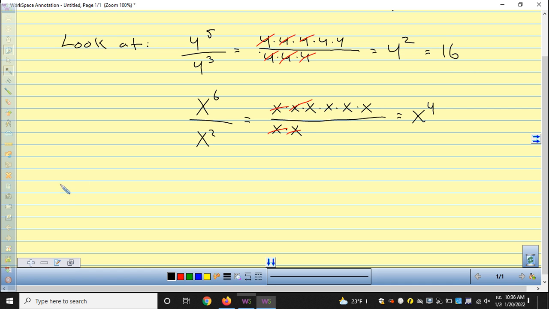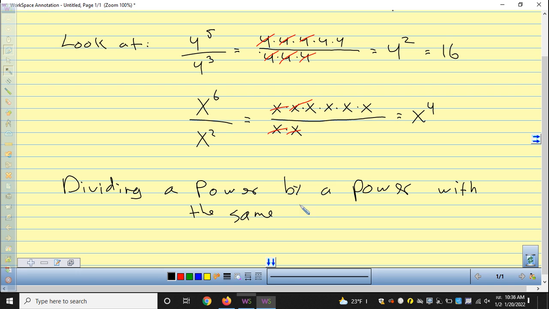So our rule: dividing a power by a power, and we're talking about things with the same base. Here we have 4 and 4. Here we have x and x.